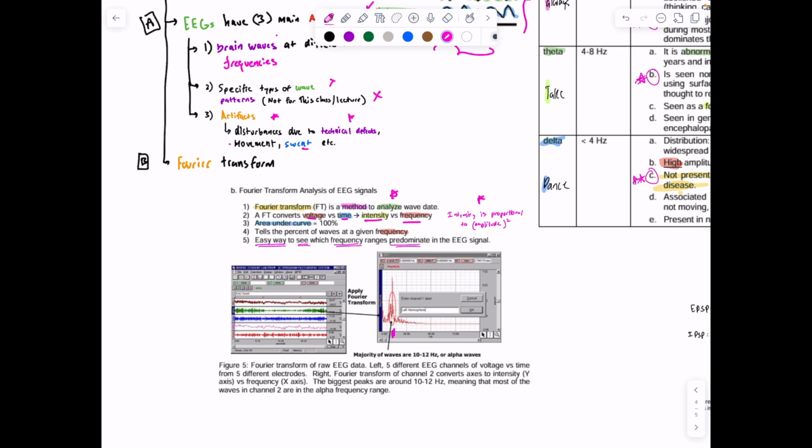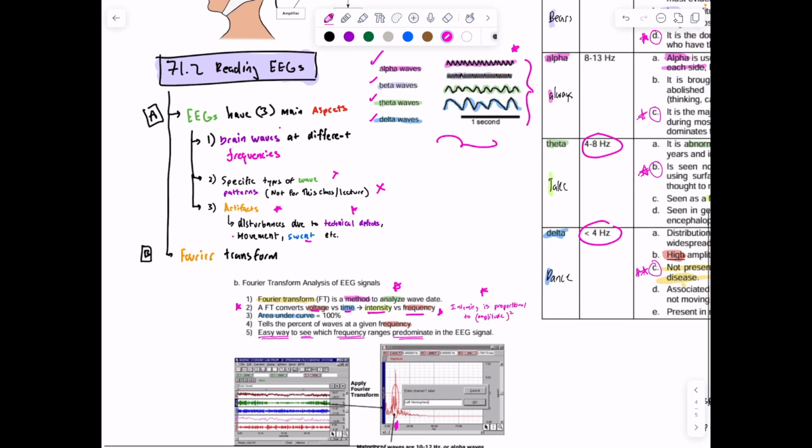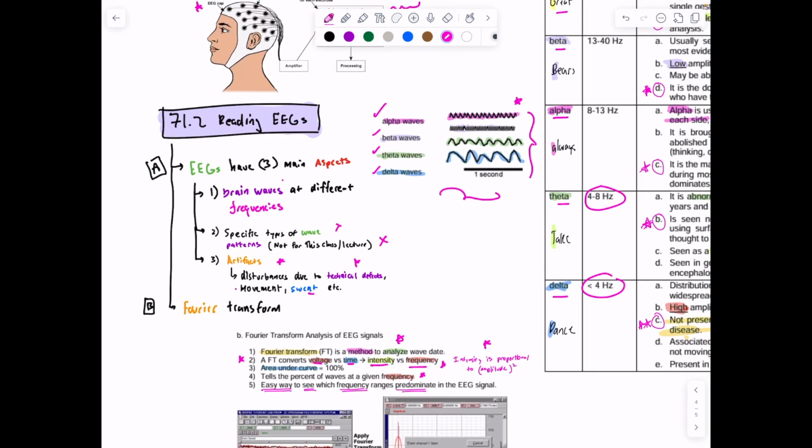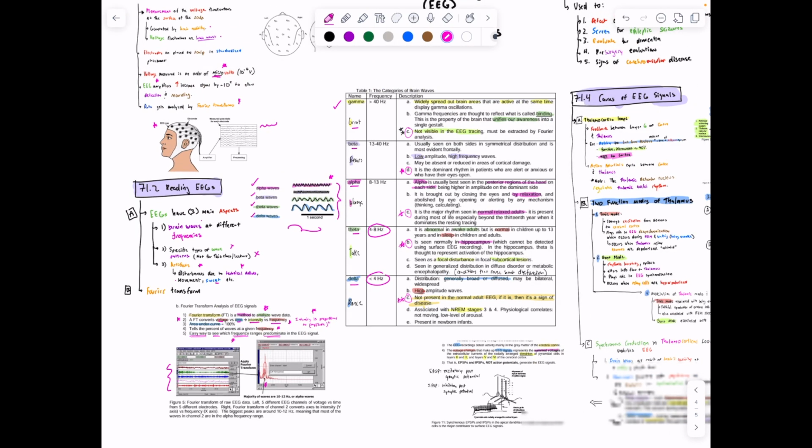It's just the frequency of the wave itself. So frequency is going to be really our determining factor for what type of wave we have. And then if we use a Fourier transform, we can go from the raw signal to figuring out what percentage of the waves are at a different frequency. So what percent are delta, theta versus alpha wave versus a beta wave versus a gamma wave overall. So the goal is to determine, if you have a whole bunch of raw data coming in of voltage versus time, what proportion of that is gamma, beta, alpha, theta, or delta.